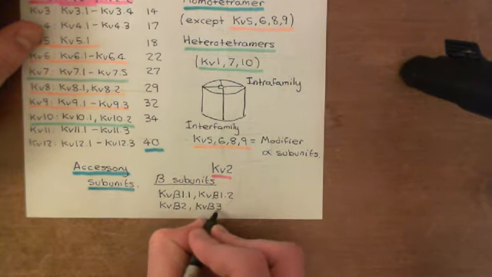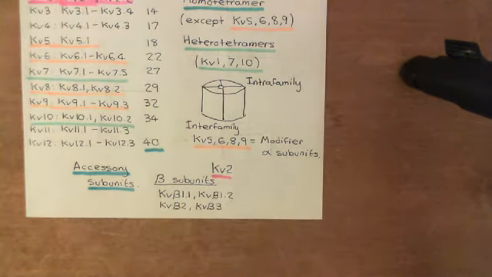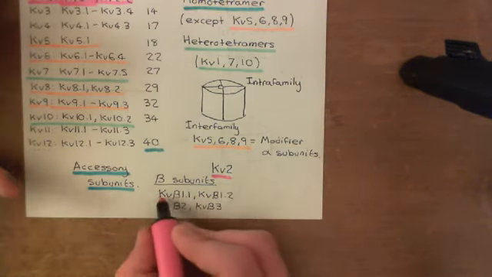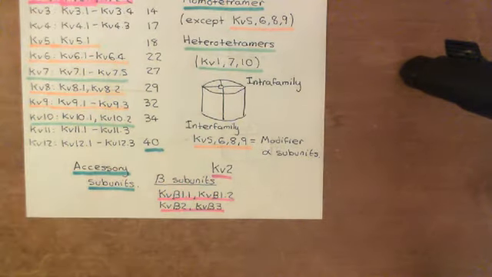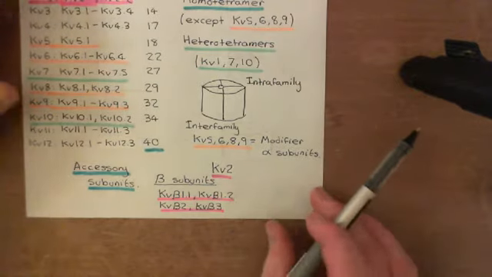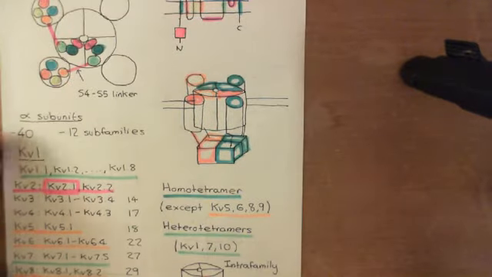Those are the different types of beta subunits of voltage-gated potassium channels. And as I say, adding these on to a voltage-gated potassium channel alpha subunit tetramer can modify the properties of that alpha subunit tetramer. So let me show you where these are added on.